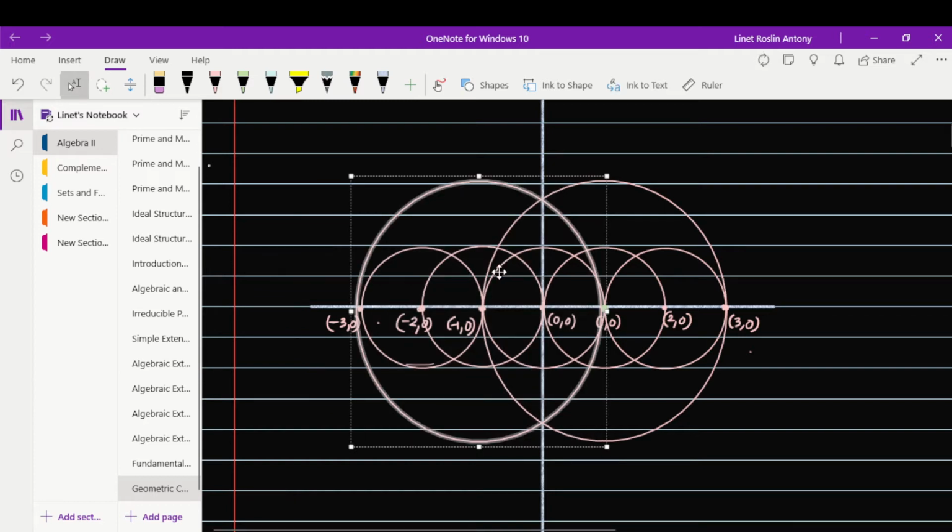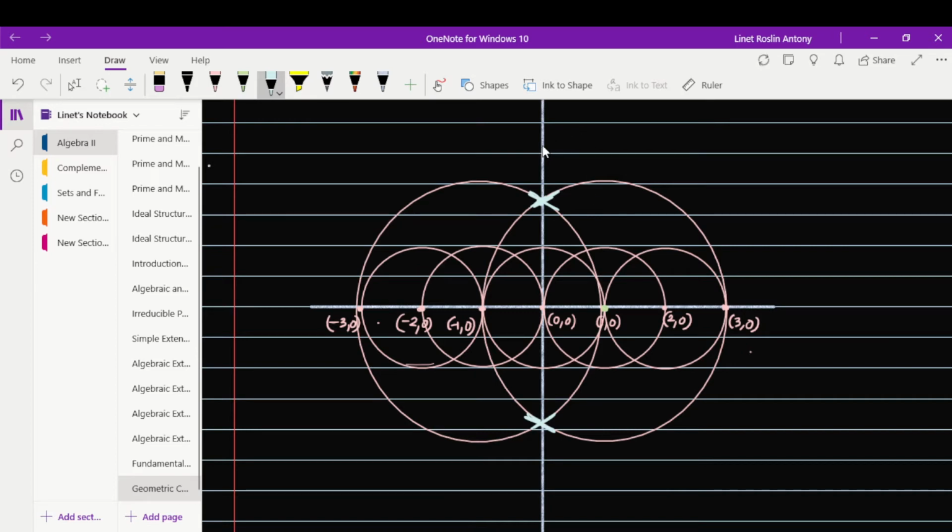Okay, so this will be that circle. Now you can see that the two circles intersect at this point, and this point, and using this intersection you can draw the y-axis.